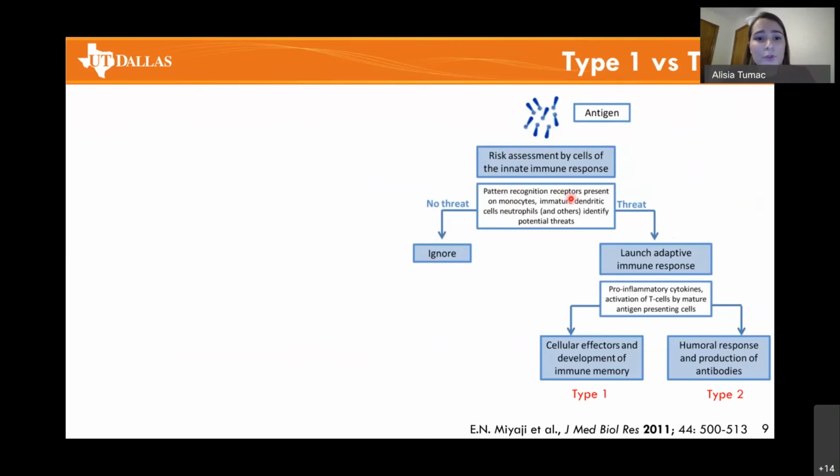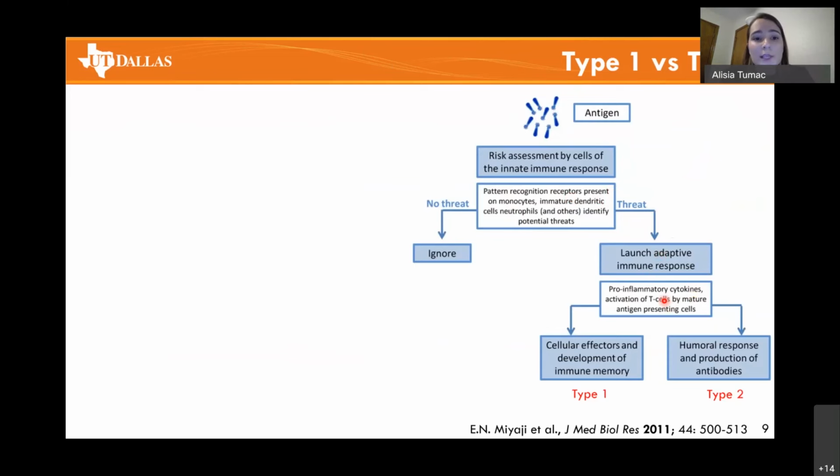However, whenever you introduce an adjuvant, it can swing the immune response to recognize the antigen as a threat, because once immune cells are recruited over through pattern recognition receptors and immature dendritic cells, they can see the antigen attached onto the adjuvant, and then they can start considering the antigen as a threat, and it can launch two different immune responses.